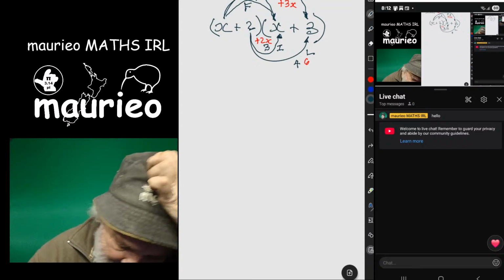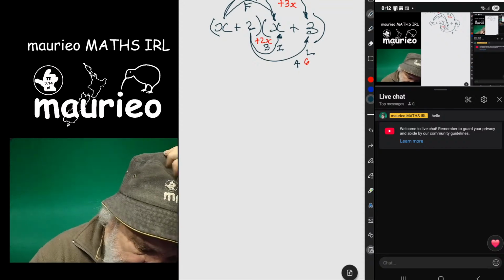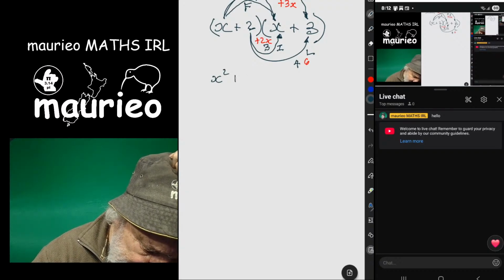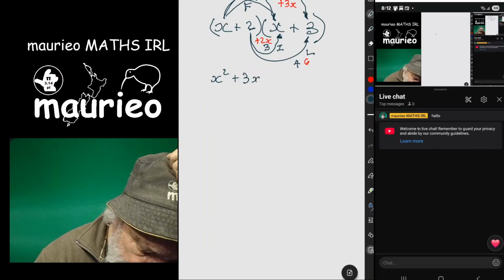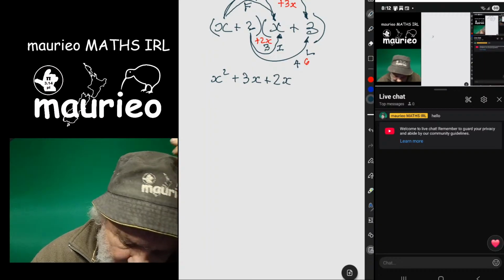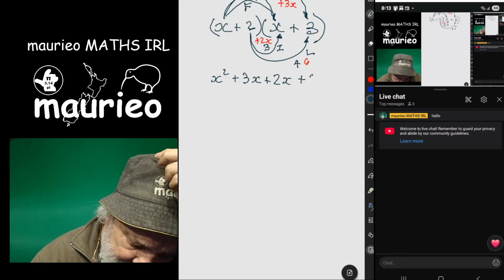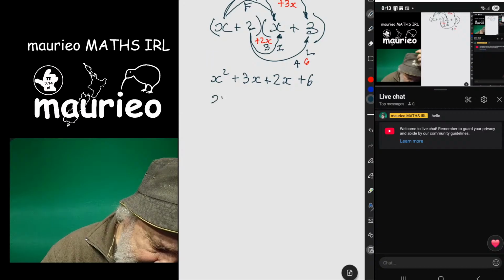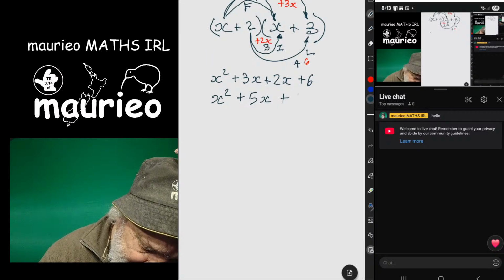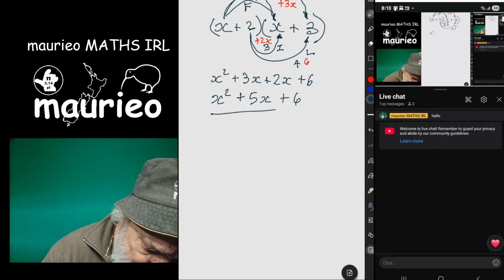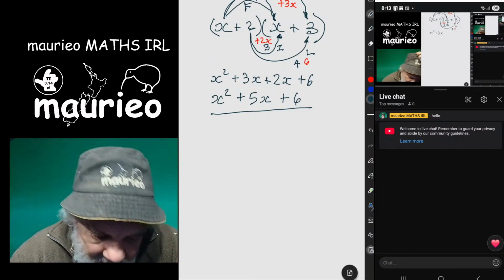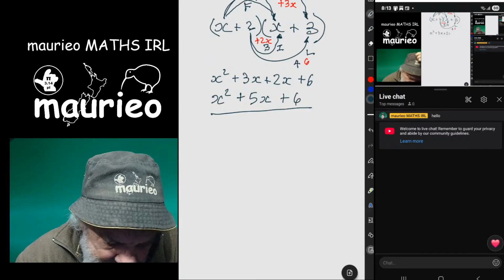Collect all the terms together, and we should get x squared plus 5x plus 6. Okay, so that's one there.